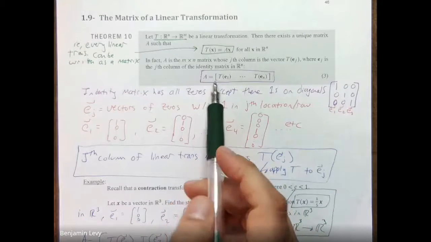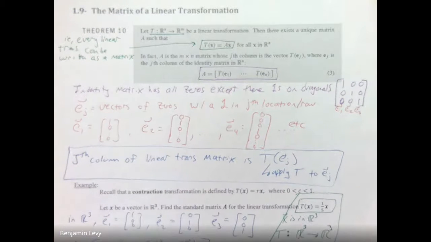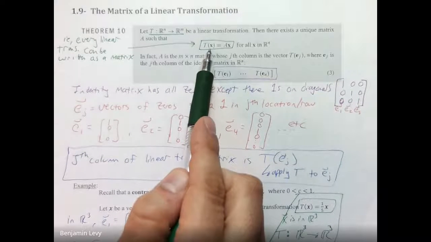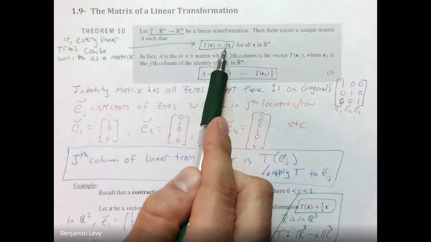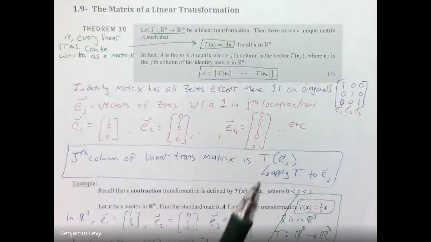So let me first start by clarifying for everyone that we're talking about linear transformations. What this page in particular, and this box right here, is telling us is that every linear transformation can be written as a matrix times the vector. And so Finton's asking about how you find that matrix. This is the top of 1.9.